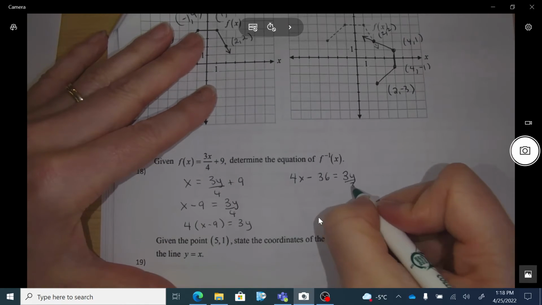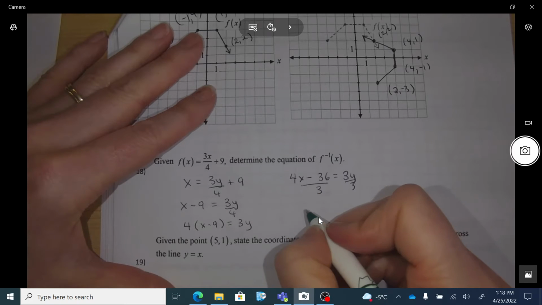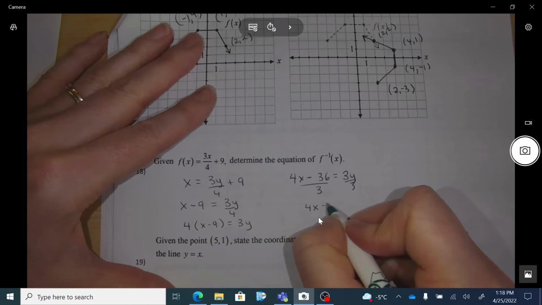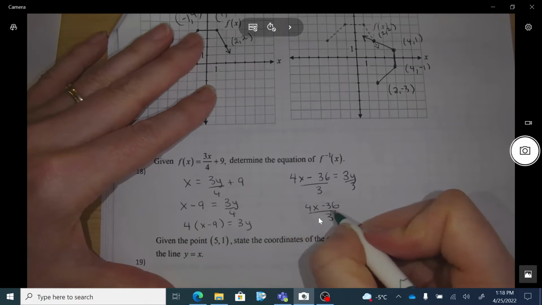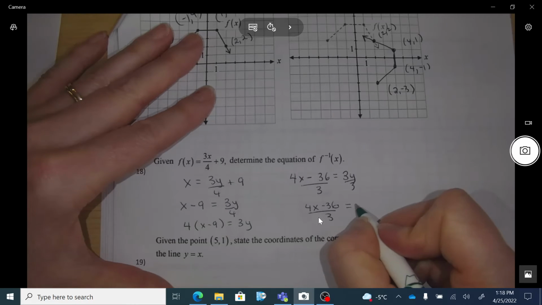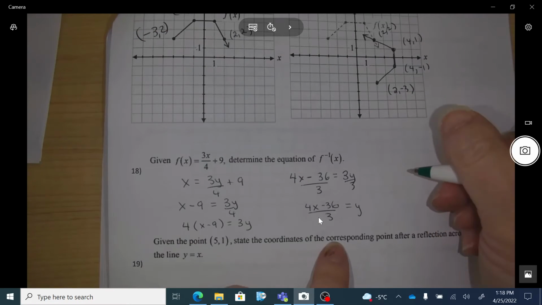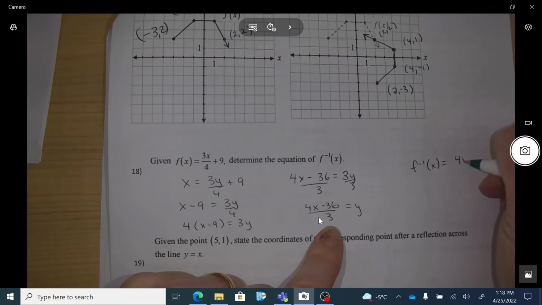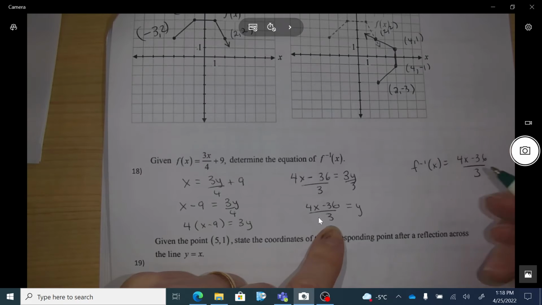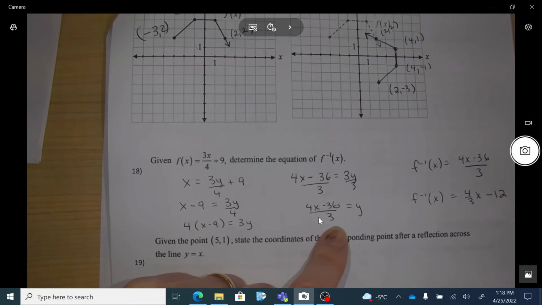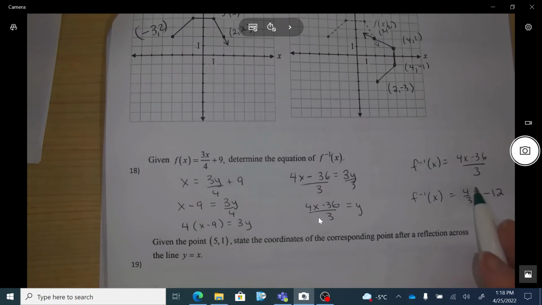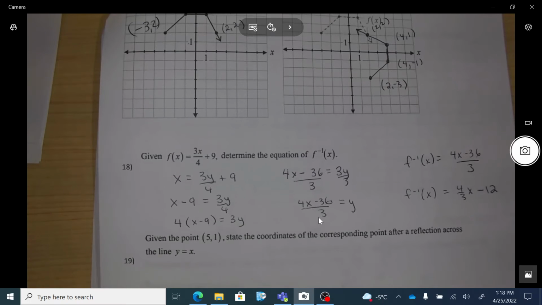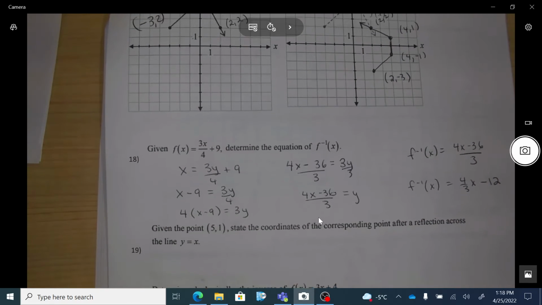And now I'm going to divide by 3. So you can leave it like this on that side. Or we're going to simplify that. So I will do f of x. So 4x minus 36 over 3, that's fine. I'm going to go 4/3 x minus 12 to simplify it. Okay, so I divided each term by 3 because that's how we graph lines.